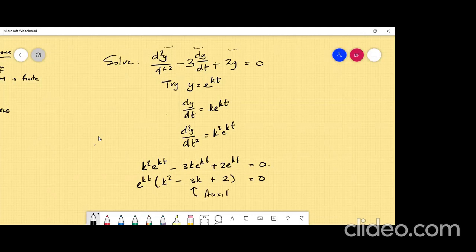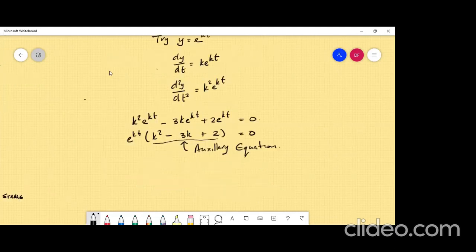I don't know what else they call it, the operator, or whatever you call it. So this is the part that is equal to 0. Auxiliary. And it is also called the characteristic equation by us in engineering.